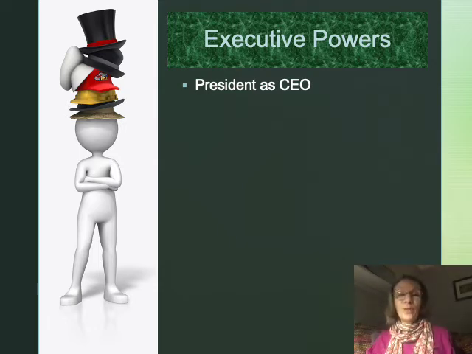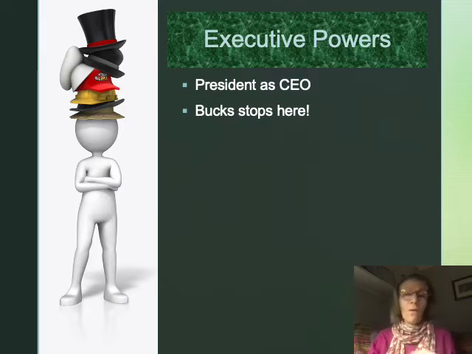In other words, when it comes to the execution of laws, the buck stops with the president, right? And as you'll be learning in the textbook, we do have the president of the United States, but there's this whole federal bureaucracy that helps the president do the job of faithfully executing the laws of the United States. And so you'll be reading about that in the textbook.